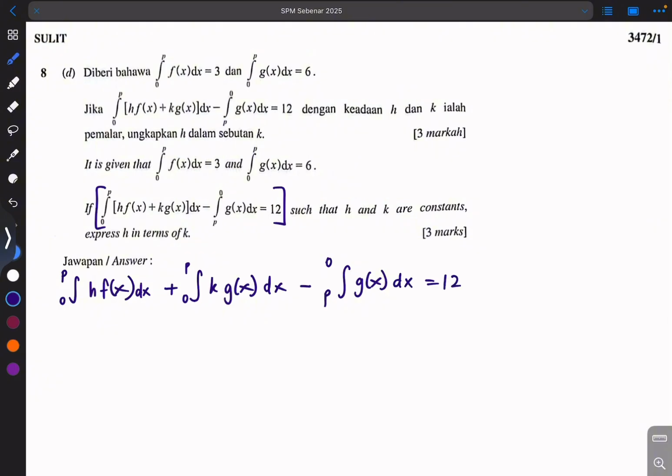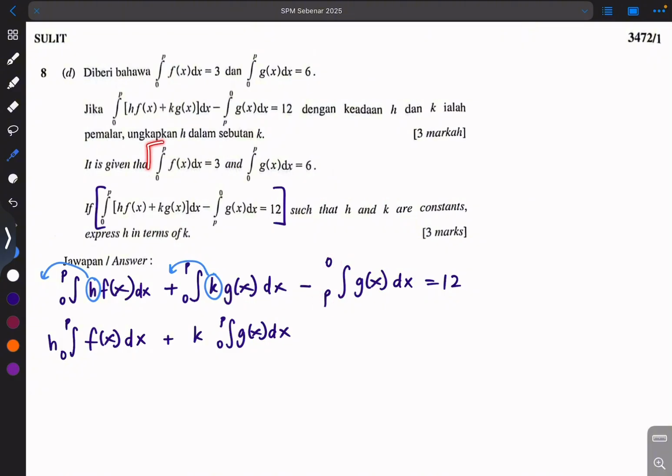Since these are constants, we can put them outside. So we can write this as h times the integral from 0 to p of f(x) dx plus k times the integral from 0 to p of g(x) dx, and then this one we have from p to 0.